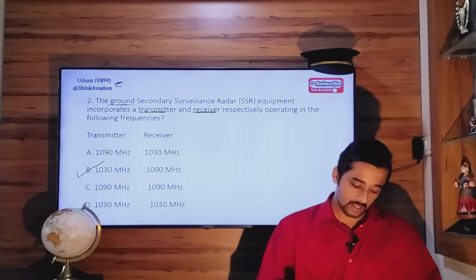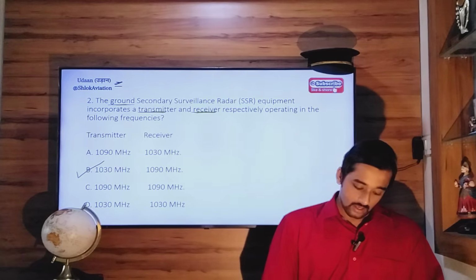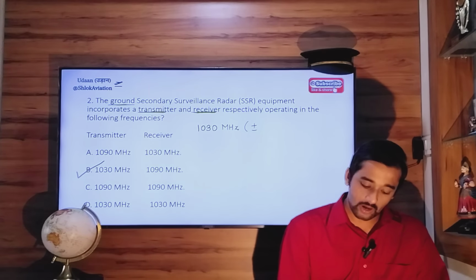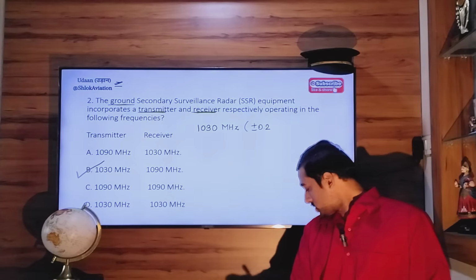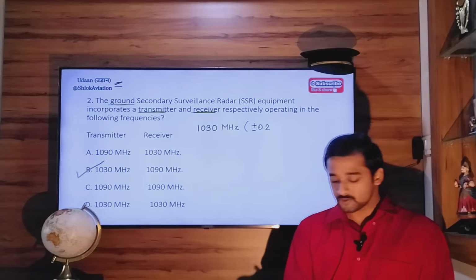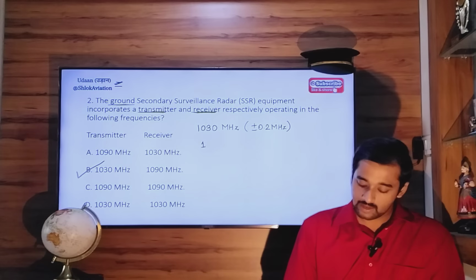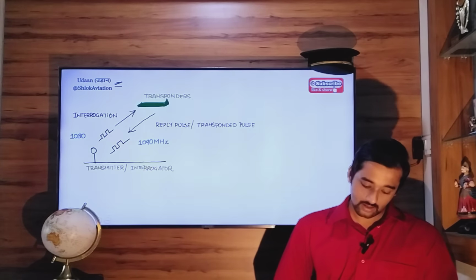Okay, very simple. And always remember 1030 megahertz can be plus minus 0.2 megahertz, and this 1090 megahertz can be plus minus 3 megahertz.